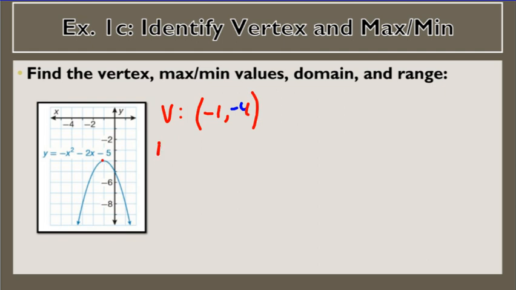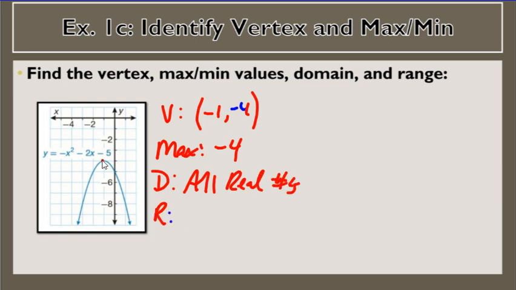Then we have a maximum. The maximum is -4. Then the domain, all real numbers. And then the range, y has to be less than or equal to -4. So it's always going below -4. The highest point is -4 on the y coordinate.